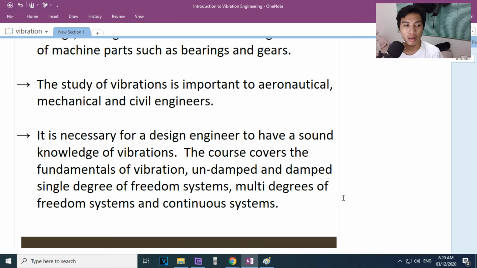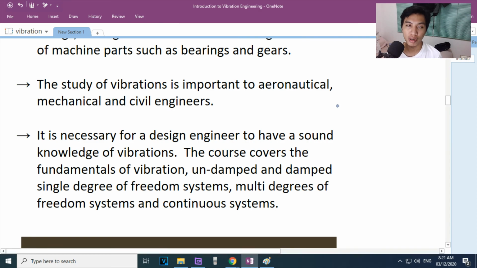Nag-engineering tayo to make life better for every one of us. Kaya, we have to consider vibrations. Kailangan, nandito yan eh, yung knowledge of vibrations, para yung lahat ng gawa mo, wala kang disruption. Okay?